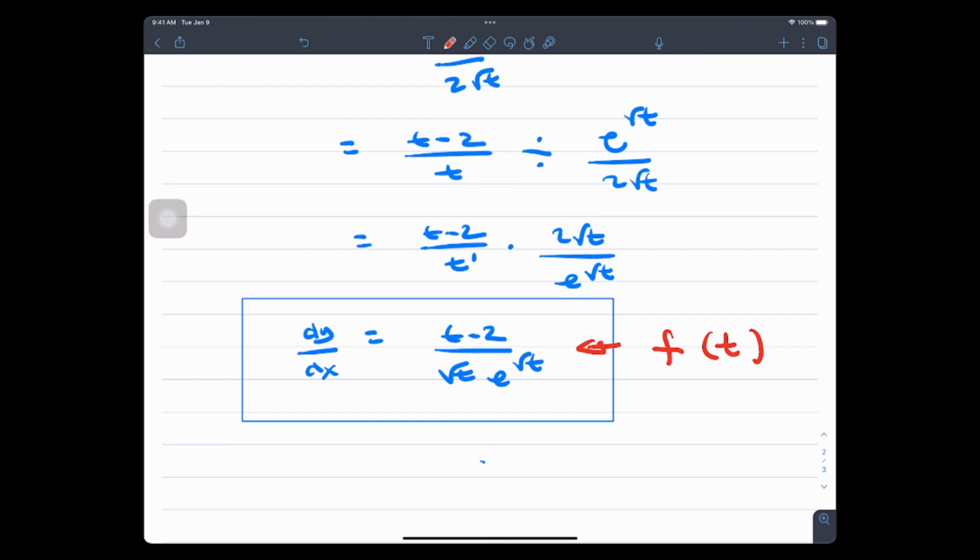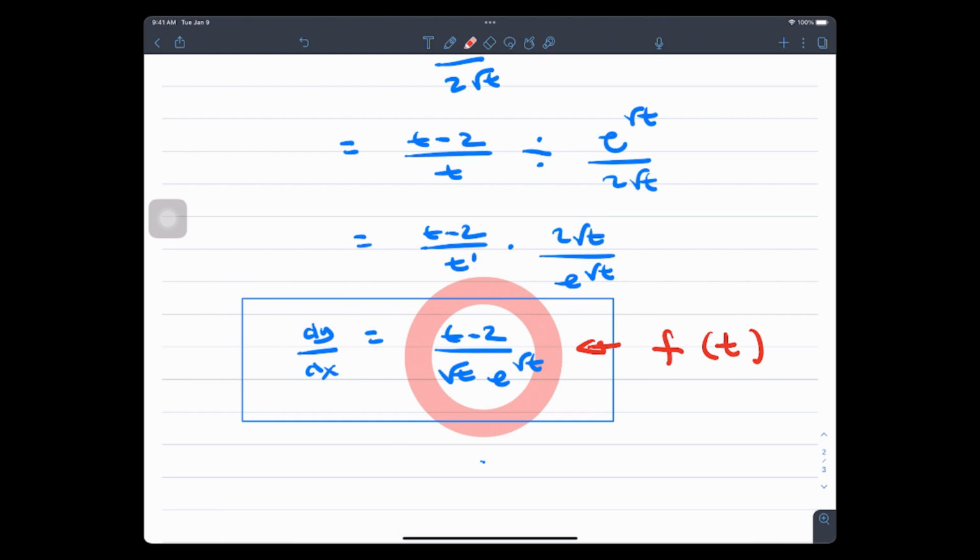When you find that derivative, isn't this a function of t? You might say, dy/dx is a function of t? Yes, because x was defined in terms of t and y was defined in terms of t, so your derivative is defined in terms of t as well. Don't think it's the same f. That's your derivative function.